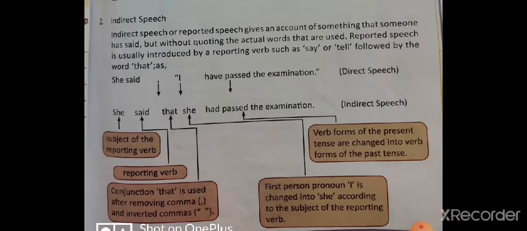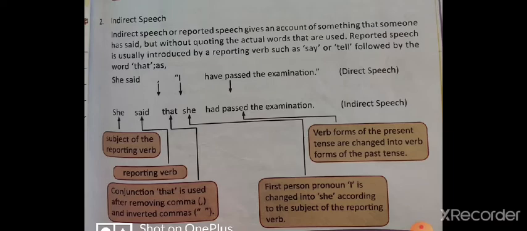Now here, she is the subject of the reporting verb, said is the reporting verb, that is the conjunction that is used after removing comma and inverted commas, right? In indirect speech, we don't use any comma or inverted commas. Nothing is used. Now I has become she. So first person pronoun I is changed into she according to the subject of the reporting verb.